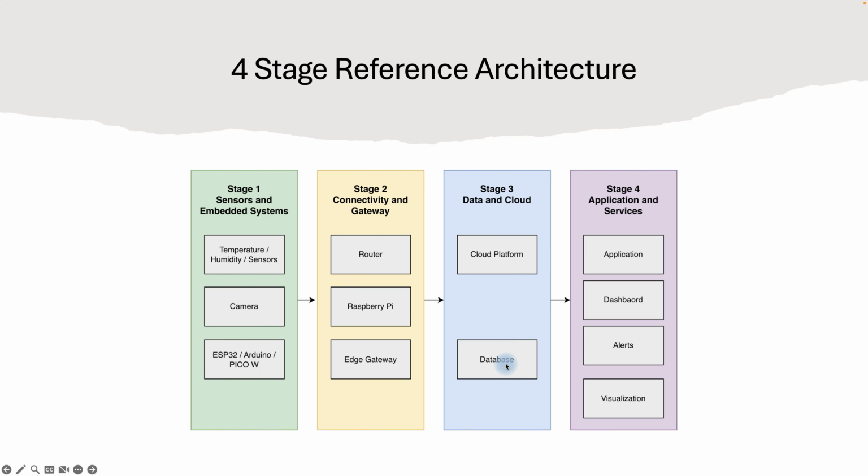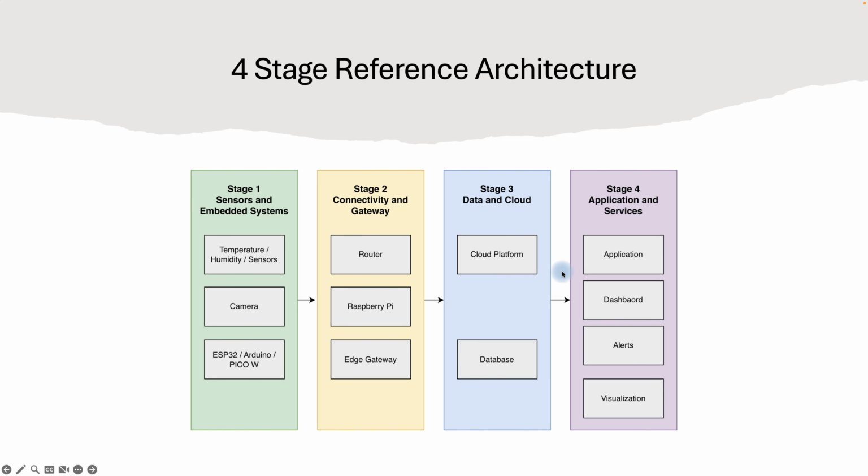Another option is the classic one where you can create virtual machines on cloud, install your MQTT broker on those, configure your own database on those, and then create the whole system on your own. Why and how and which option to choose completely depends on the decision framework, which we'll discuss later. So this is stage 3.